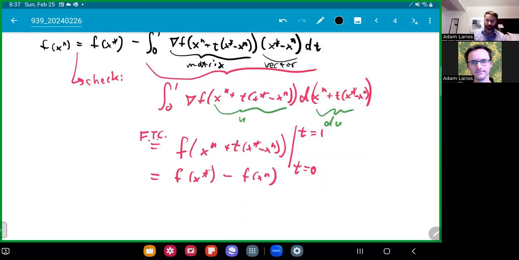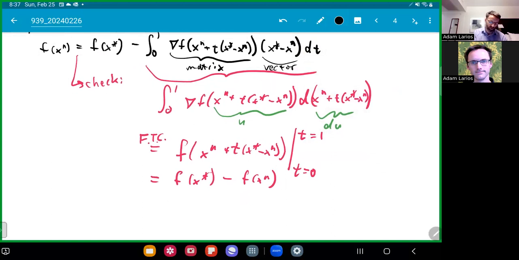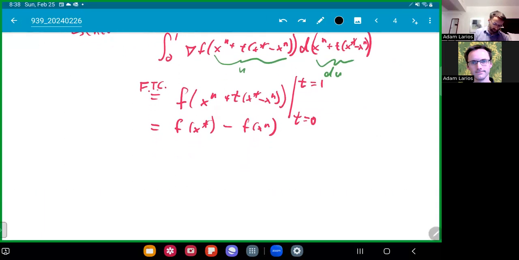So you might also ask, why have we done it this way? Why are we looking at this particular thing? Well, here we have a gradient, which shows up in Newton's method, the gradient of f. And then here we have evaluation of the function at our guess and at the exact point.